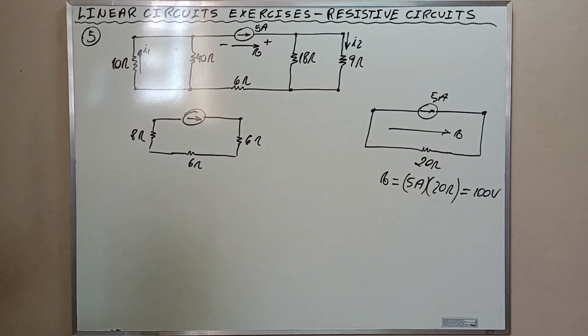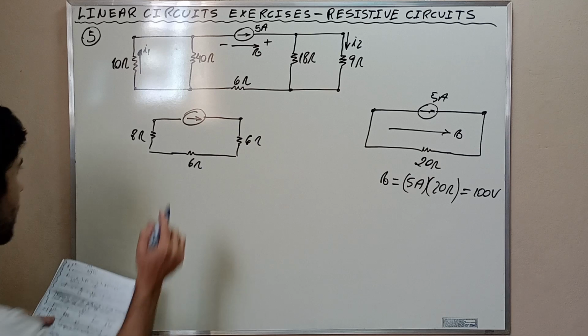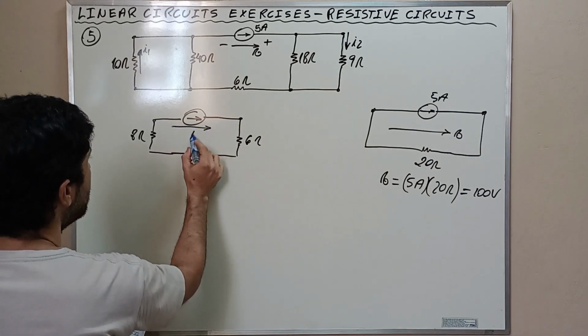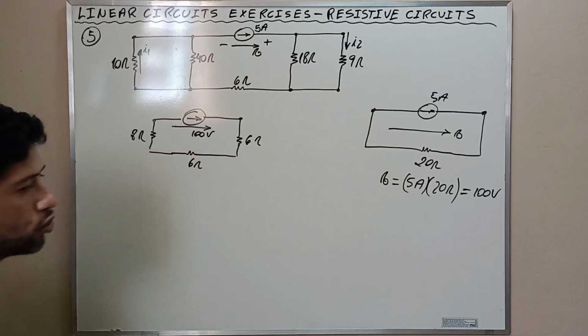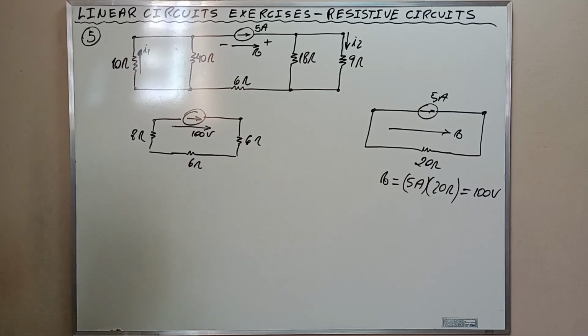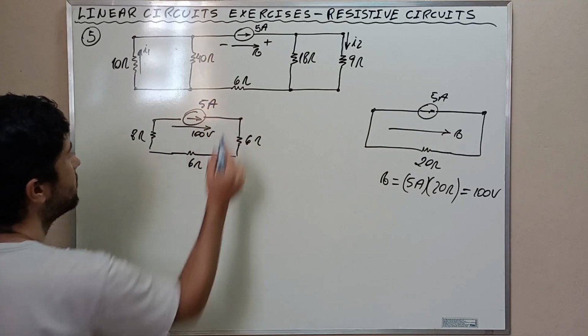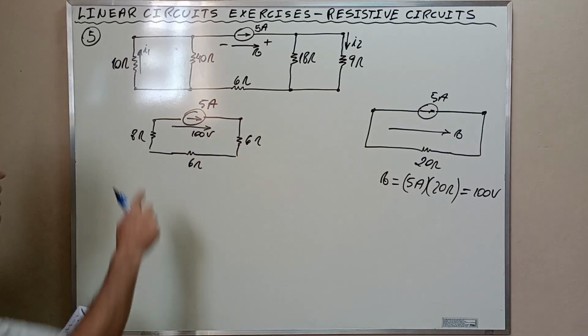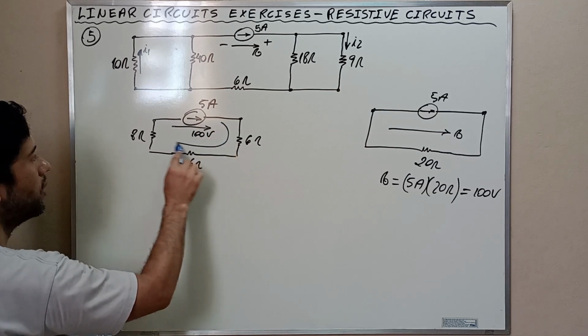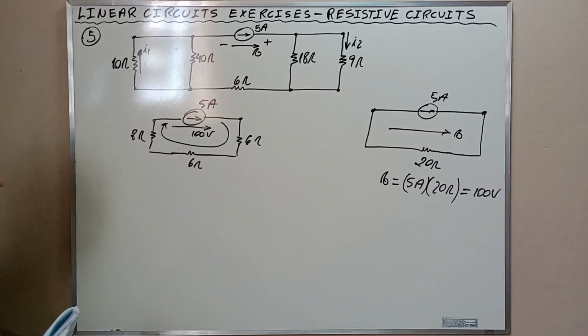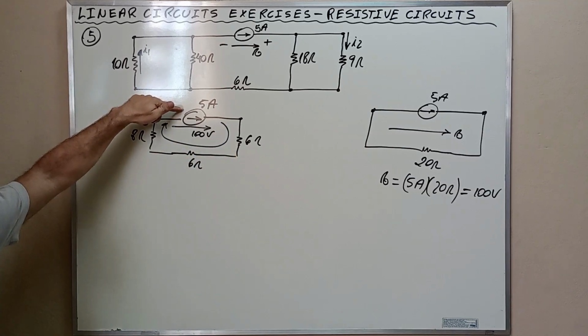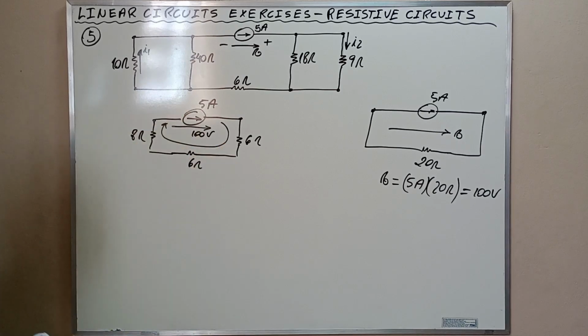And observe that we have here 100, we just found this 100 volts, and as the current, observe that the current flows in this way here, okay? Alright, observe that the current of the current source flows in this way here.